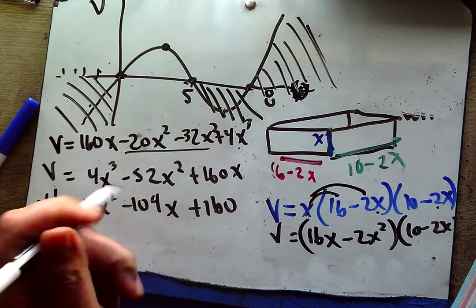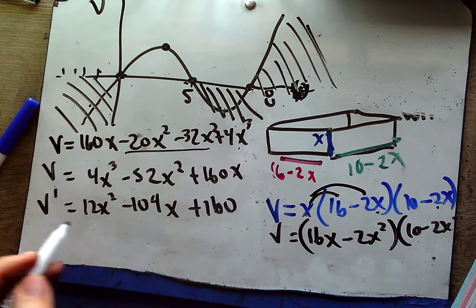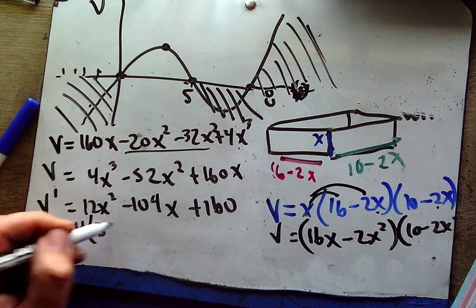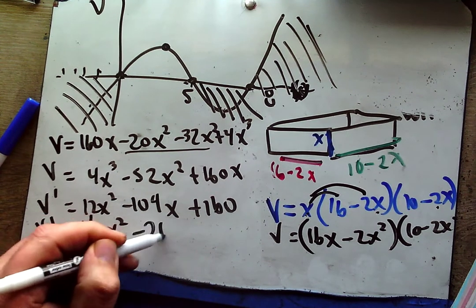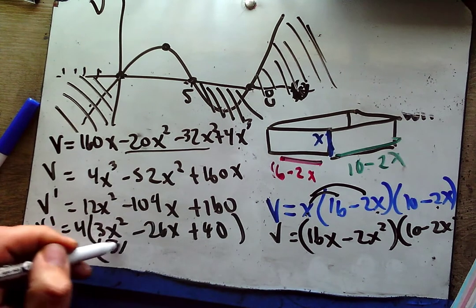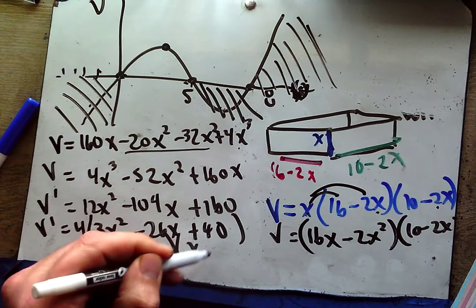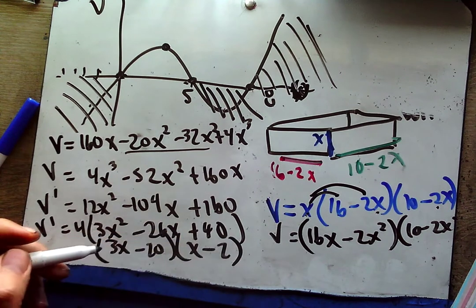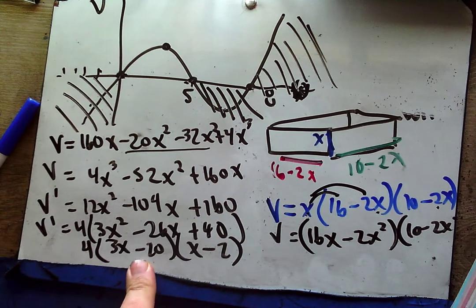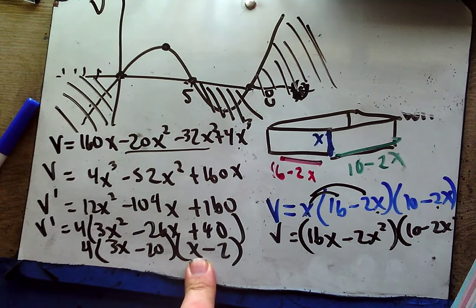I feel like I did that problem a little while ago. I can take a 4 out of each of these, and I'm left with 3x squared minus 26x plus 40. And that factors to 4 times (3x minus 20)(x minus 2). So I've got critical points here and here.